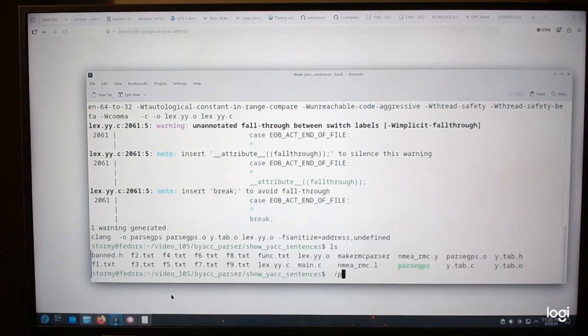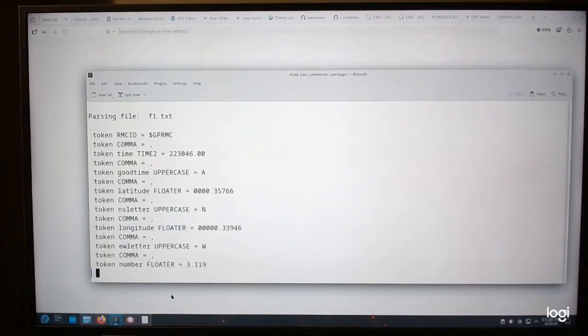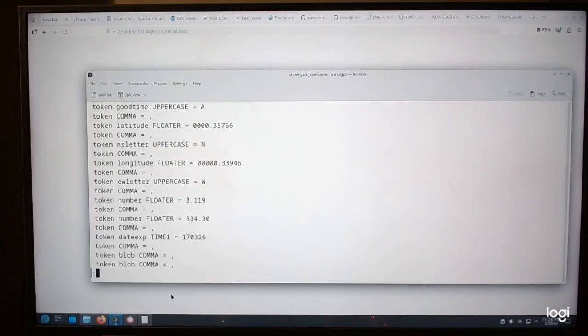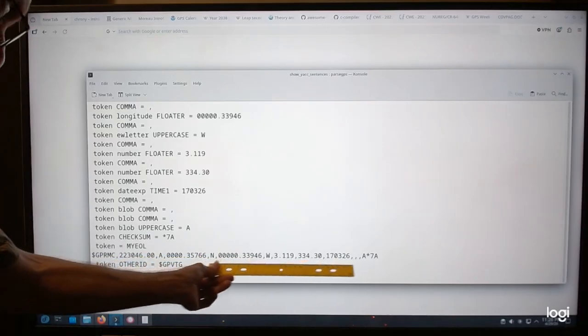This one I'm showing you how the grammar recognizer works right here. Now this is the Yacc. What it is doing is taking those tokens and trying to match the tokens into a sentence.